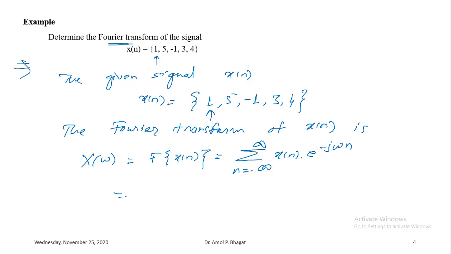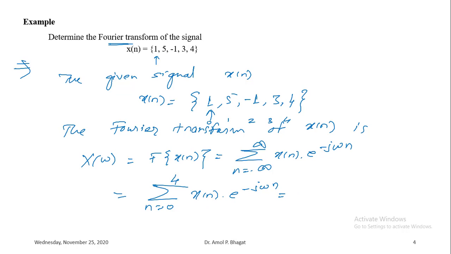Okay, but if you observe this signal, x of n is varying from 0 to 4. This is the sample at n equals 0, this is at 1, this is at 2, this is at 3, this is at 4. So I can take the limit as n equals 0 to 4, x of n into e to the power minus j omega n.